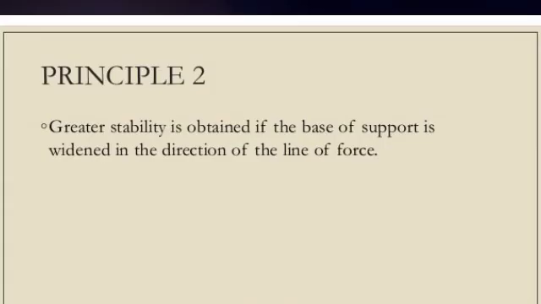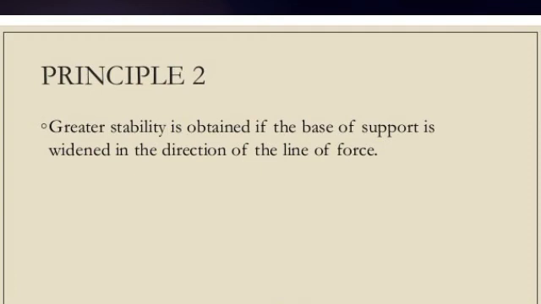Second is, the lower the center of gravity is to the base of support, the greater the stability. Or greater stability is obtained if the base of support is widened in the direction of the line of force. An individual should lower his center of gravity while performing any activity that requires stability. For example, a wrestler takes a semi-crouched position for maintaining stability.